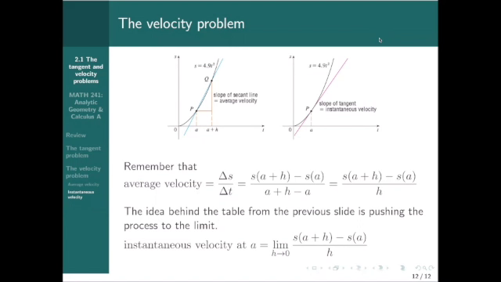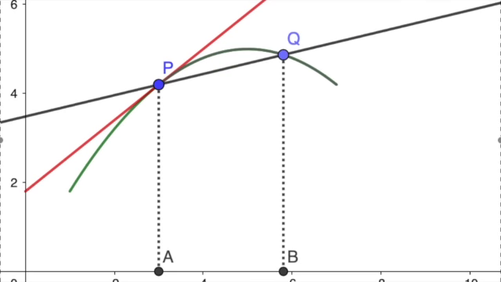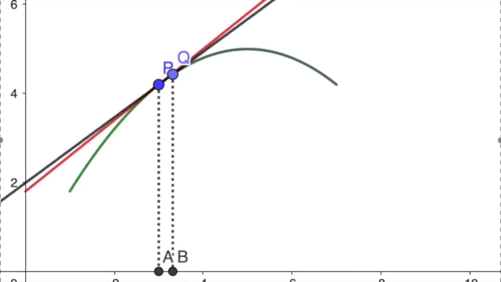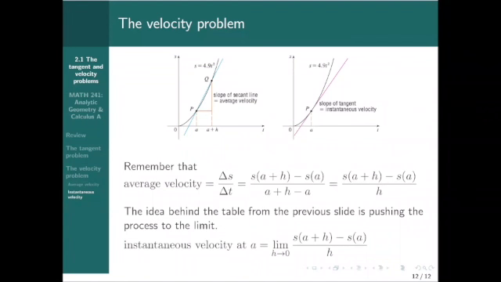But actually, before I show you the GIF, I want to mention that the curve in the GIF is not related with the curve for our problem, but the idea of H going to 0 is the same. So the instantaneous velocity at A is given by the limit of S of A plus H minus S of A over H as H tends to 0.